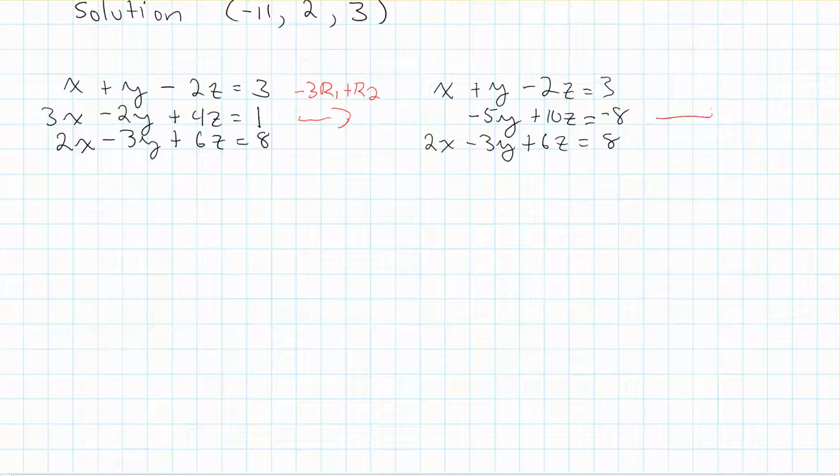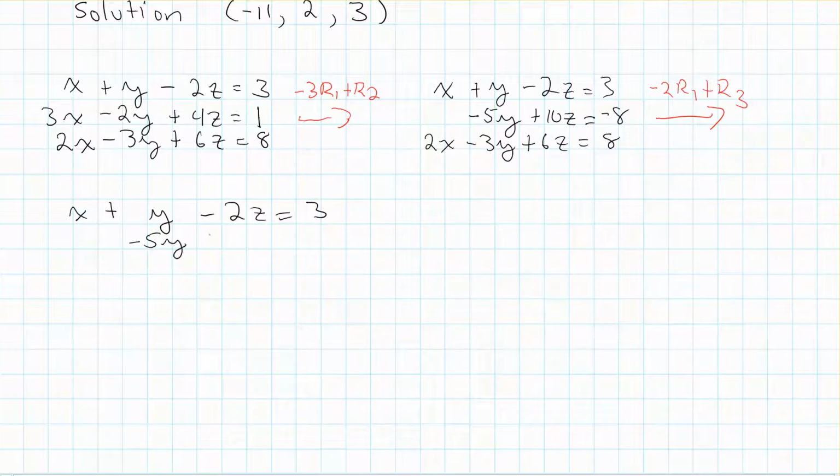Then we simply do another row operation to get rid of this other x. So we do -2 row 1 plus row 3. And if we do that, we'd wind up with x plus y minus 2z equals 3, -5y plus 10z equals -8.